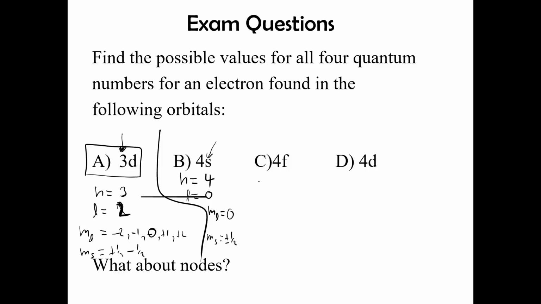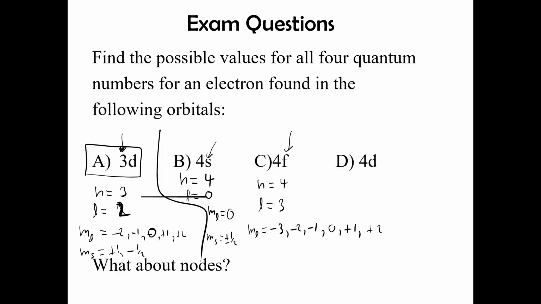For 4f, n is equal to 4. L, if it's in an f orbital, is going to be equal to 3. And then, I'm going to run out of space, but m sub l is going to be minus 3, minus 2, minus 1, 0, plus 1, and plus 2.